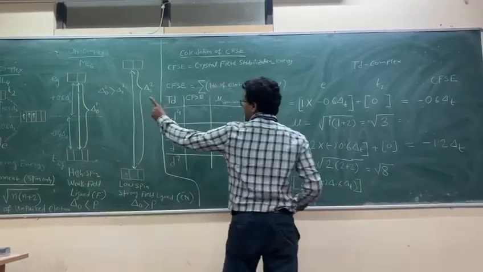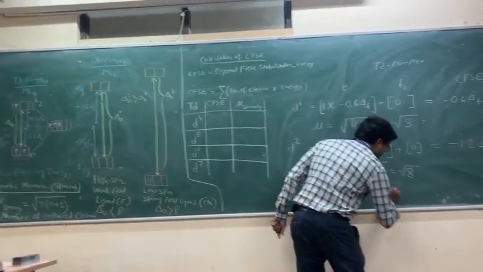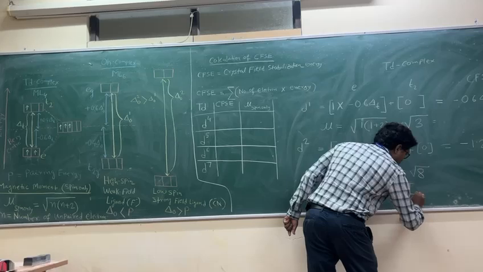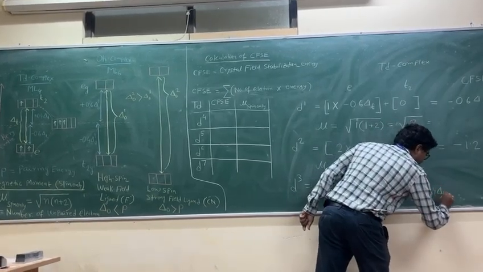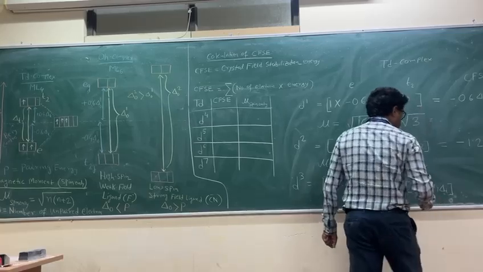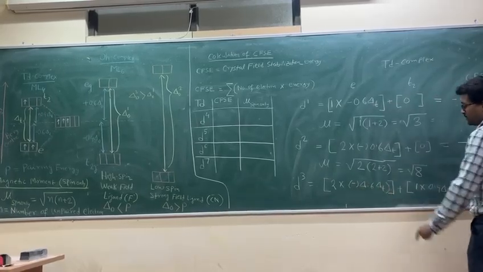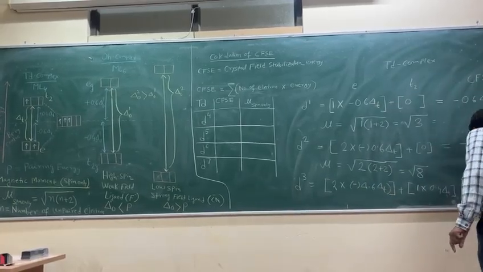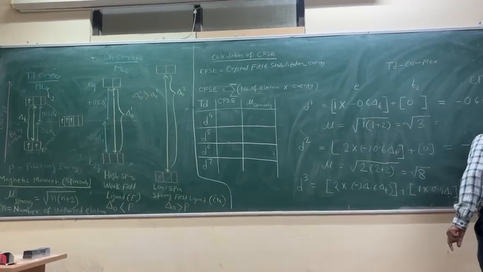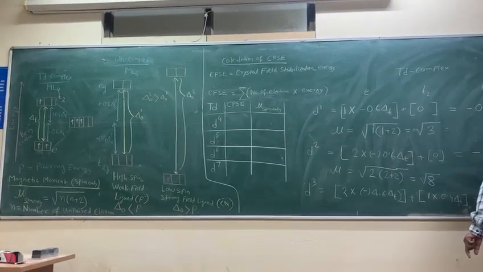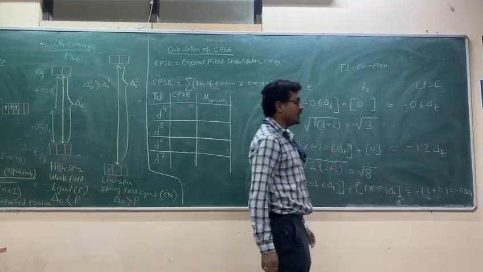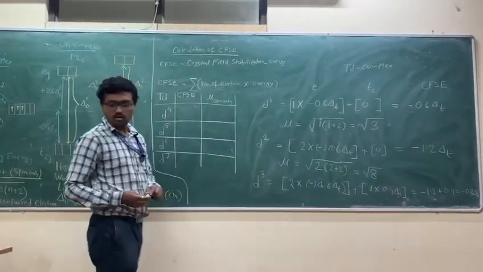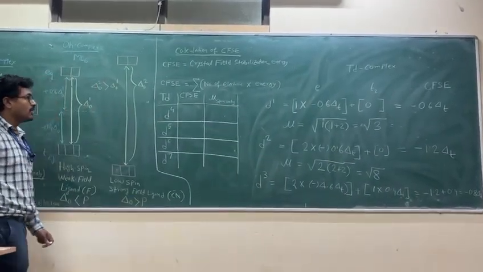Now in T2 level we have 1 electron, 1 into plus 0.4 delta T. So overall value will be minus 1.2 plus 0.4 equal to minus 0.8 delta T. Right? Minus 0.8 delta T. Okay. So in that way we can calculate the CFSE value.